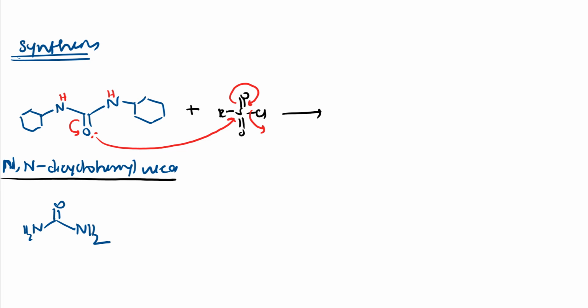So let me draw those structures. Here I have N hydrogen, this bond is broken and attached to sulfur, S double bond O, and Cl left the system, other things as they are, and N here, one more hydrogen here, cyclo, and C, this carbon gets the positive charge.